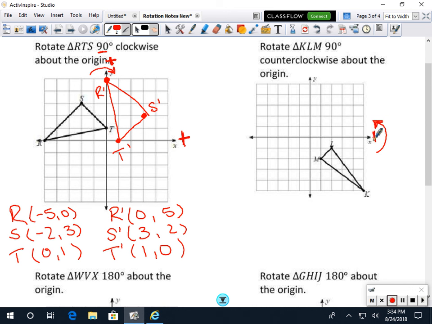And again, in quadrant 1, x is positive and y is positive. So I'm going to write down K is at the point 5, negative 5. L is at the point 2, negative 1. And M is at the point 1, negative 2.